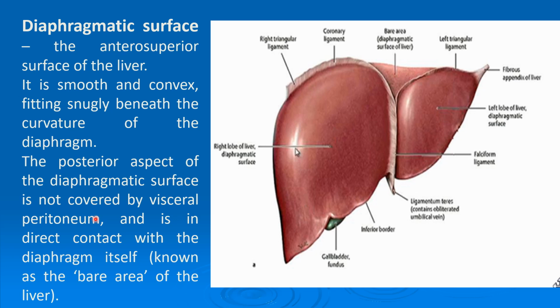The posterior surface is not, and that is in direct contact with the diaphragm, and that area is called the bare area. This is the convex shaped diaphragmatic surface. All area is covered by peritoneum except an area called a bare area which is not covered by peritoneum. This is in direct contact with the diaphragm above.